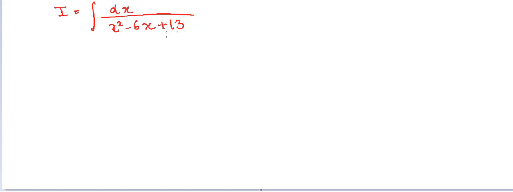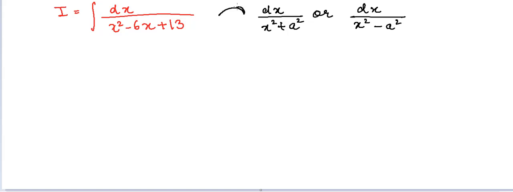From the question itself you can understand that this is going to be in the form of dx upon x square plus a square, or dx upon x square minus a square. It can be converted into this format. Now you have to equate it with x square plus y square plus 2xy, it can be plus or minus.